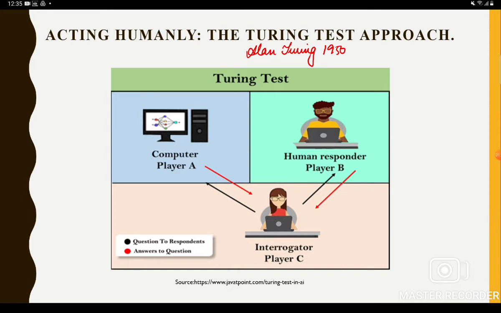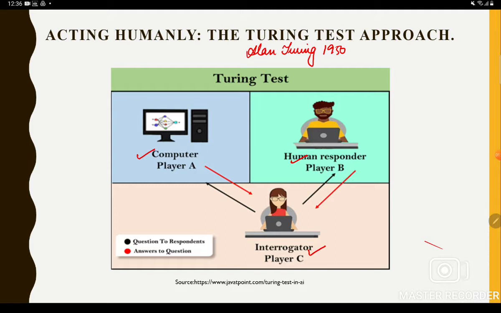So rather than proposing a long and perhaps controversial list of qualifications required for intelligence, he suggested a test based on indistinguishability from undeniably intelligent entities, which are known as human beings. In this test, there is a human interrogator, a human player, as well as a computer player.